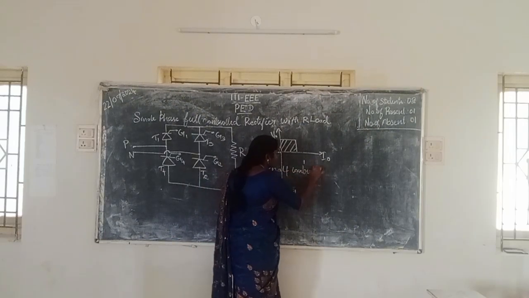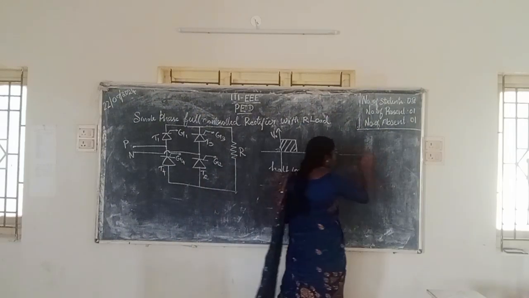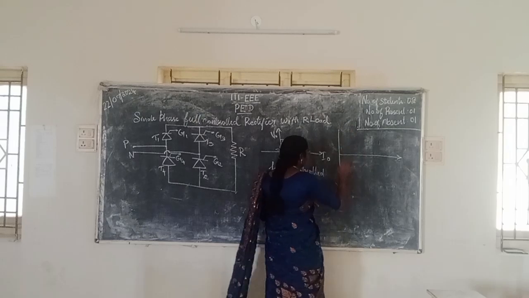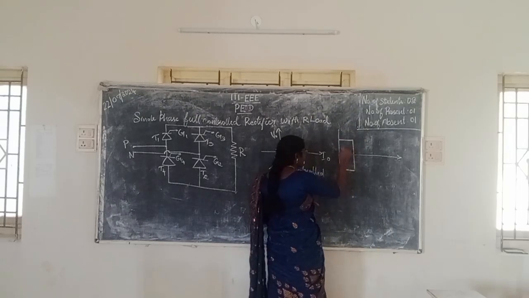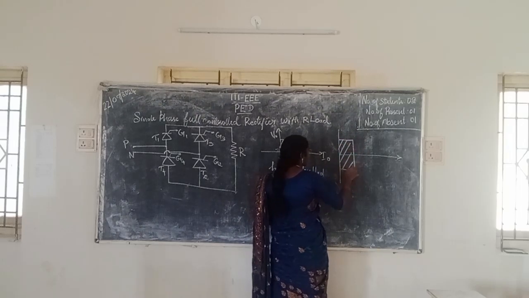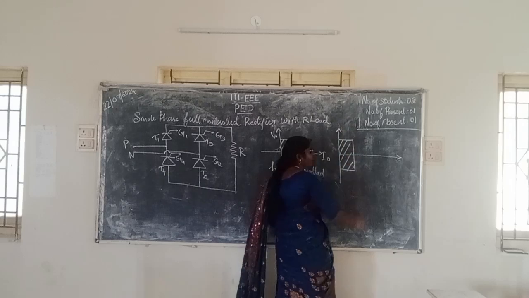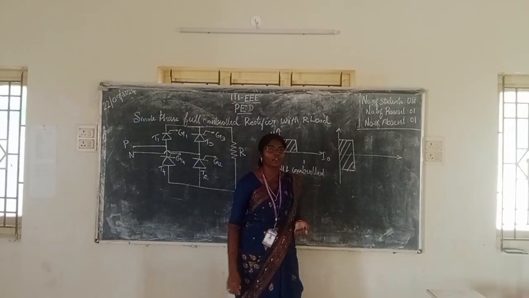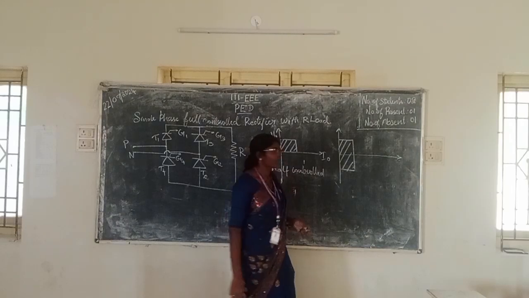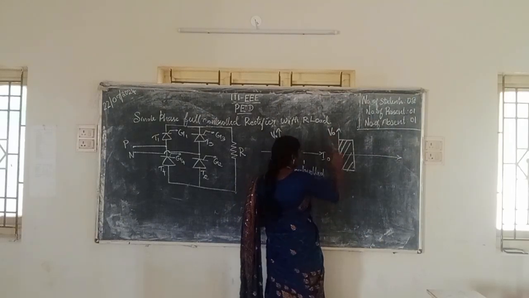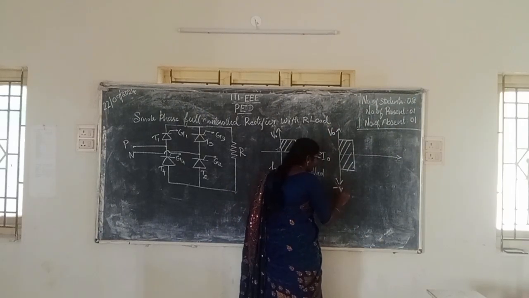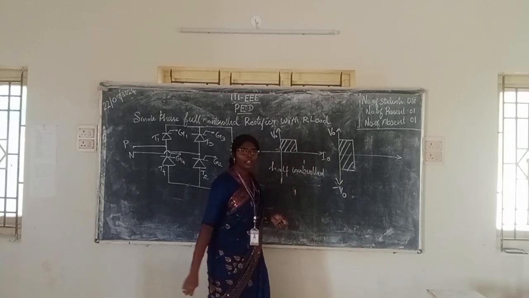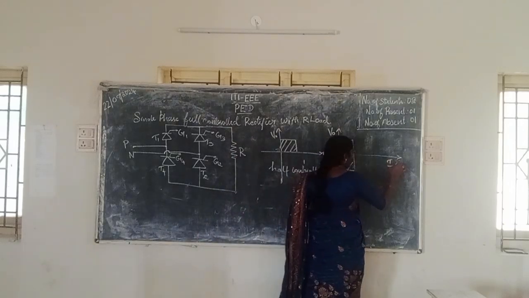For the full wave control rectifier, it can conduct both in the positive half cycle as well as in the negative half cycle. That is, we can say it is a 2-quadrant operation. We can say a fully controlled rectifier is a 2-quadrant operation system. That is, V naught can either be positive or negative with respect to the output current.